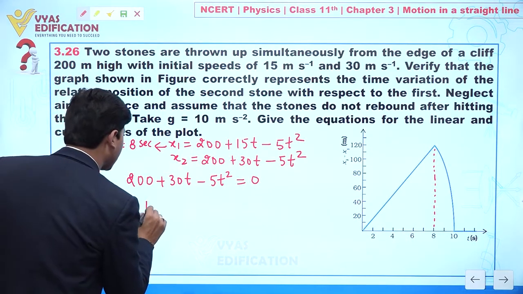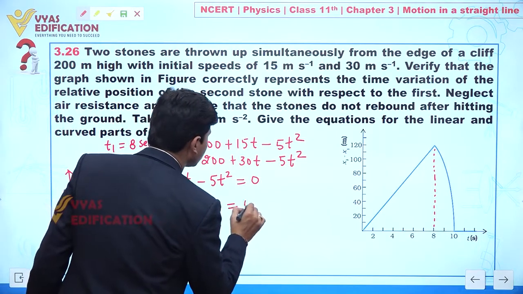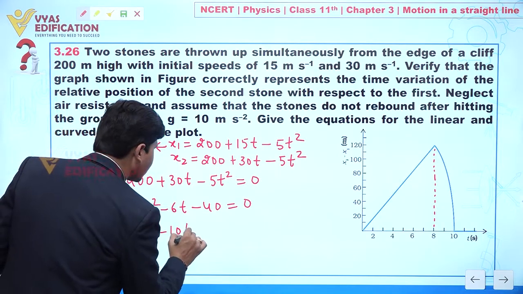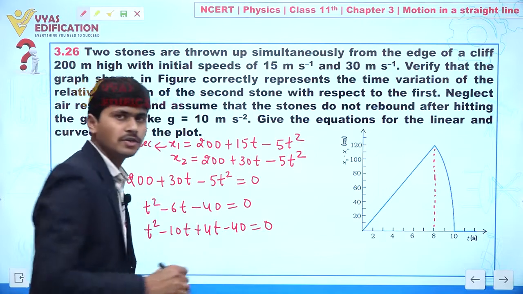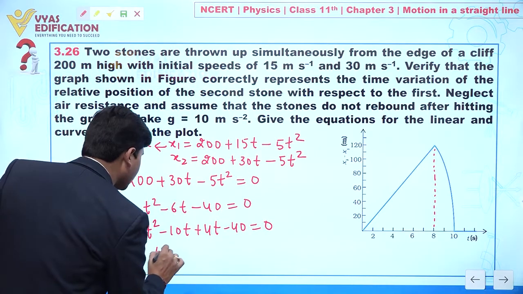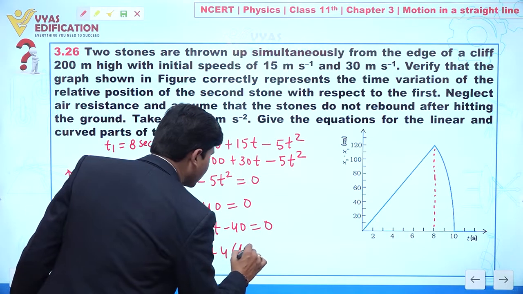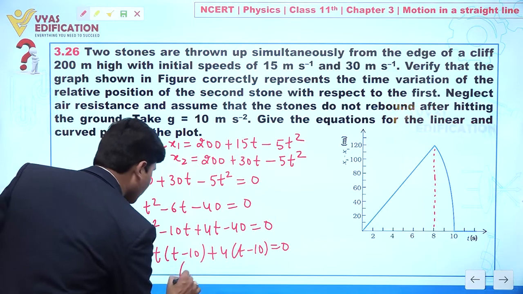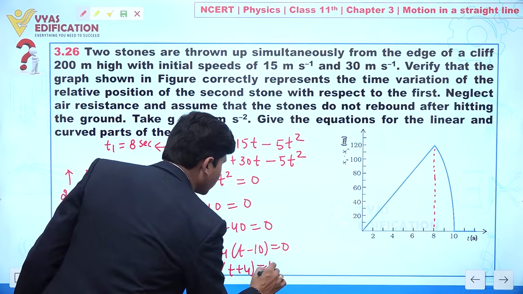From here you can write like this: t square minus 6t minus 40, this should be equal to 0. Clear? From here we can say this is 10t plus 4t minus 40, this should be equal to 0. Clear? So if we take t common, t(t minus 10) plus 4(t minus 10), this should be equal to 0. Clear? So we can say (t minus 10)(t plus 4), this should be equal to 0.